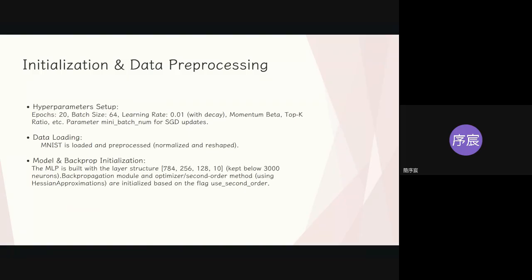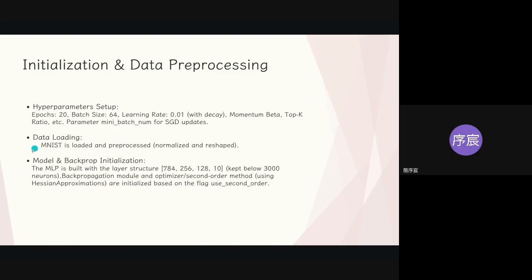At first, we'll set up the hyperparameters, and then we'll start loading the data from the data point py, and it will load the MNIST data, and we'll normalize, reshape, and do one-hot encoding of it.